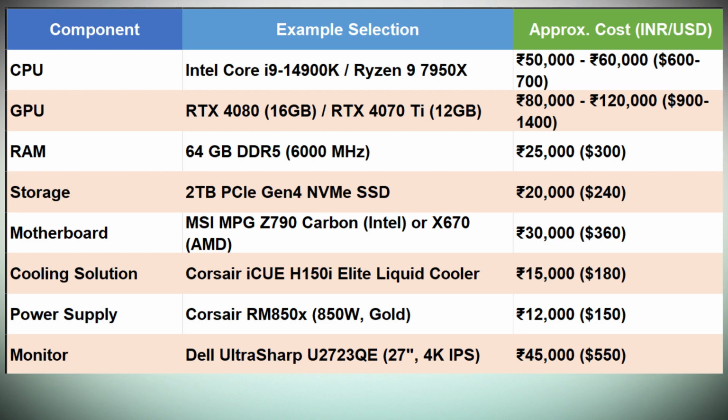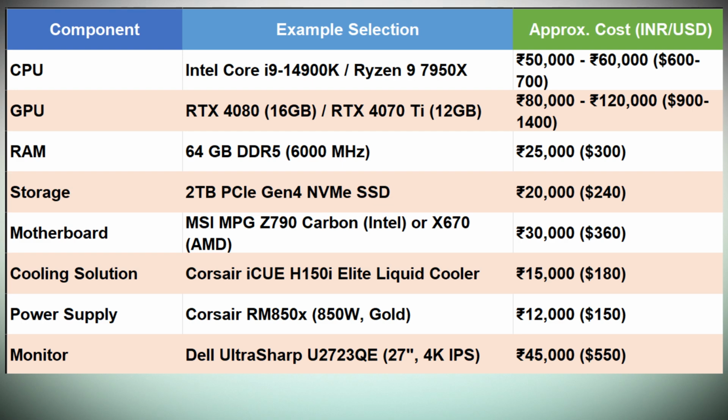A minimum of 64 GB DDR5 RAM with 6000 megahertz may cost you around 25,000. Then you need a storage of about 2 TB, that is PCIe Generation 4 NVMe SSD, and this 2 TB SSD will cost you a minimum of around 20,000.